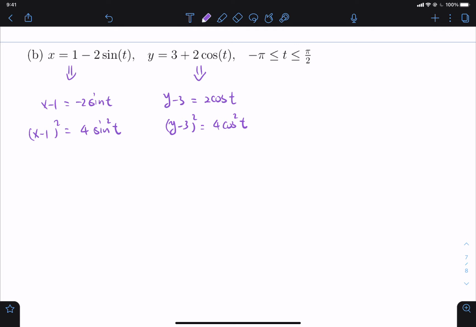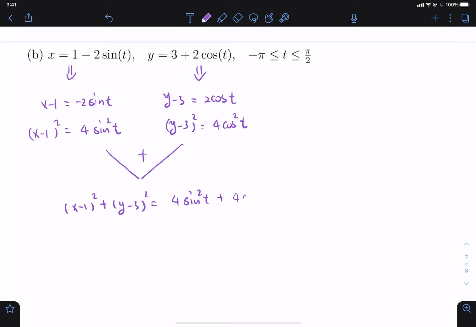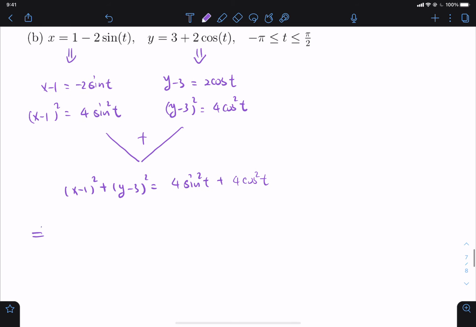And then we're gonna add these 2 up, right? So we have x minus 1 square plus y minus 3 square equal to 4 sine square t plus 4 cos square t, which means that this guy now is equal to 1. It's equal to 4. Right?